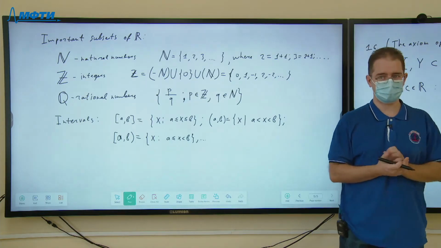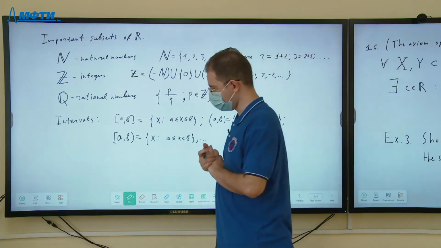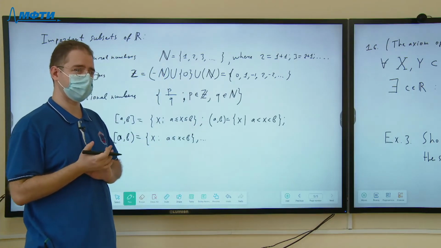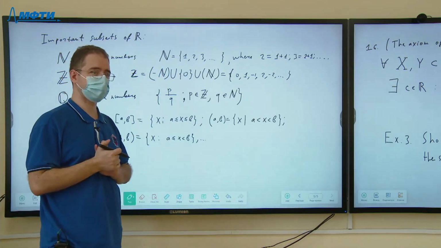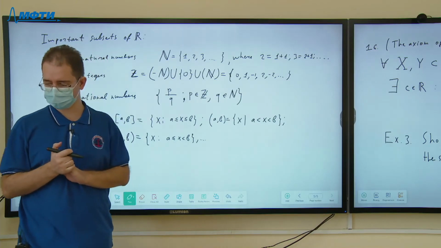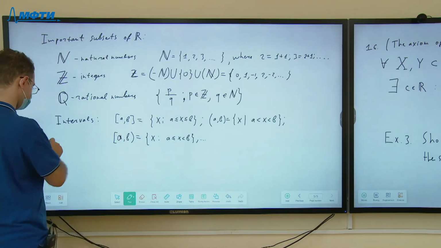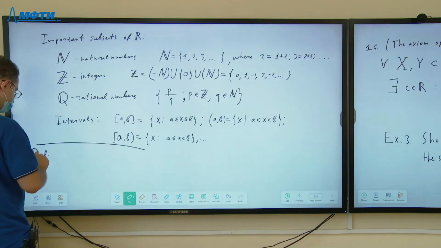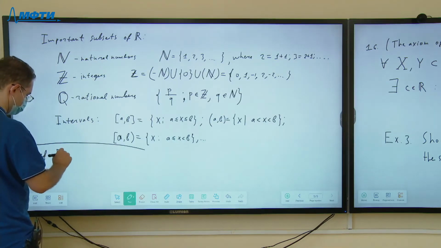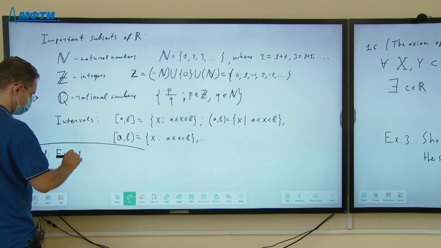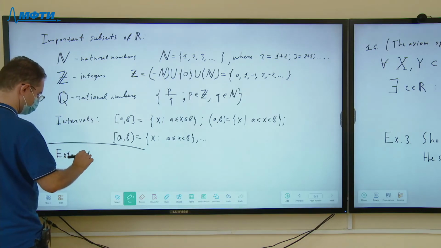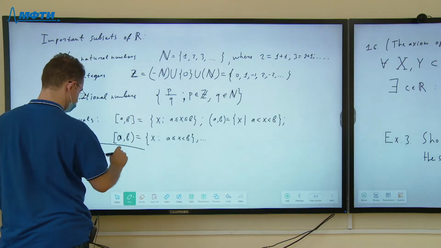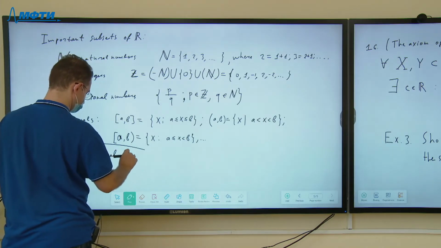So this is the set of real numbers. We will also use so-called extended real numbers, the extended real line. Definition. Extended real line.